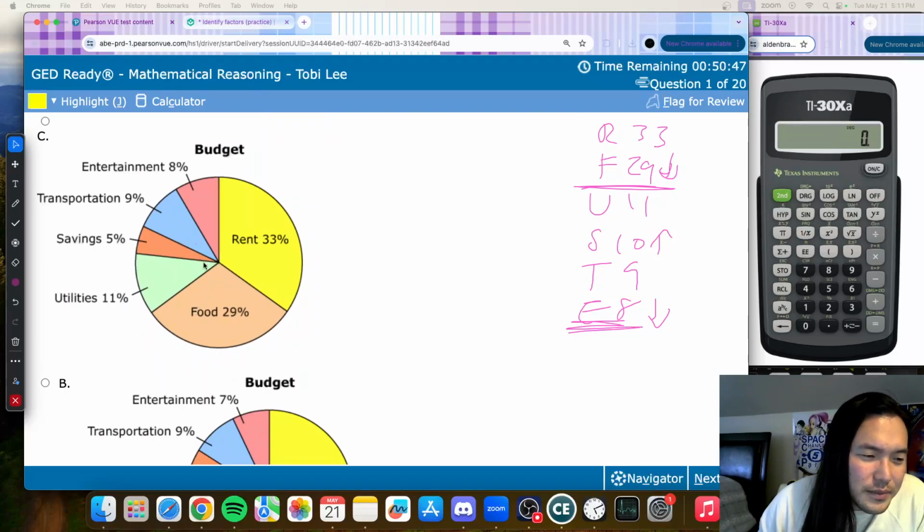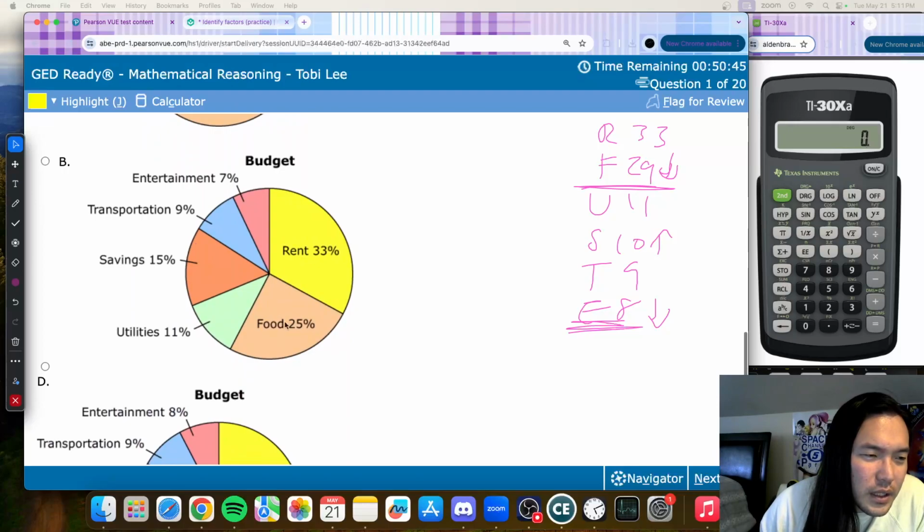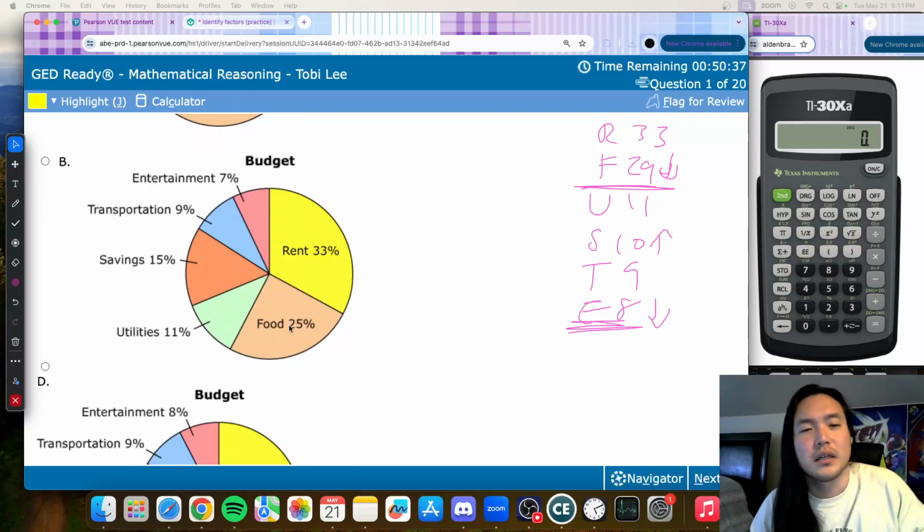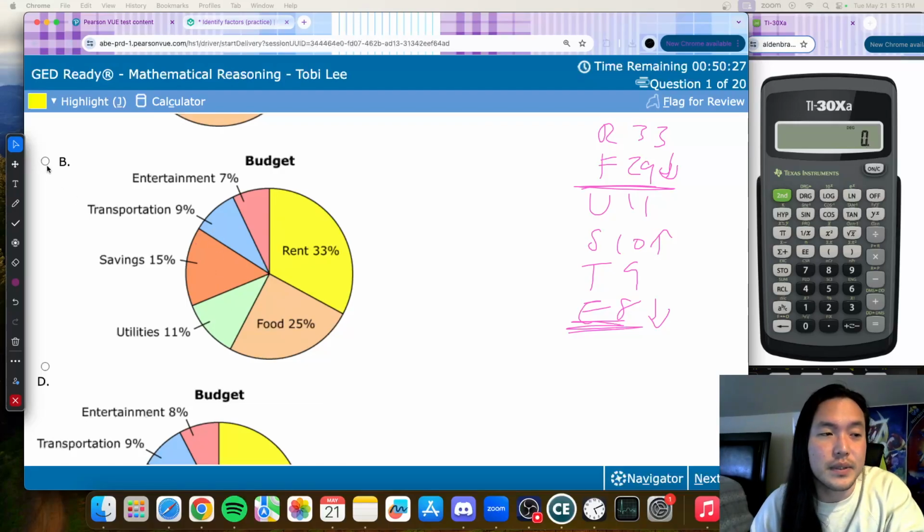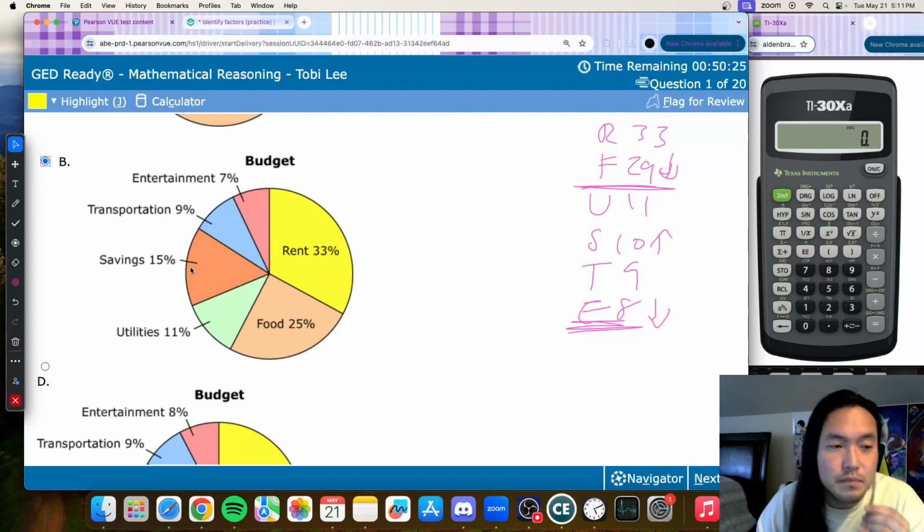This is also wrong. Here food went down from 29 to 25, entertainment went down from 8 to 7, savings went up, right? So this one went down by 4%, this one went down by 1%, this one went up by 5%, and the utilities and transportation stayed the same. It's definitely this one, right? This looks pretty good.